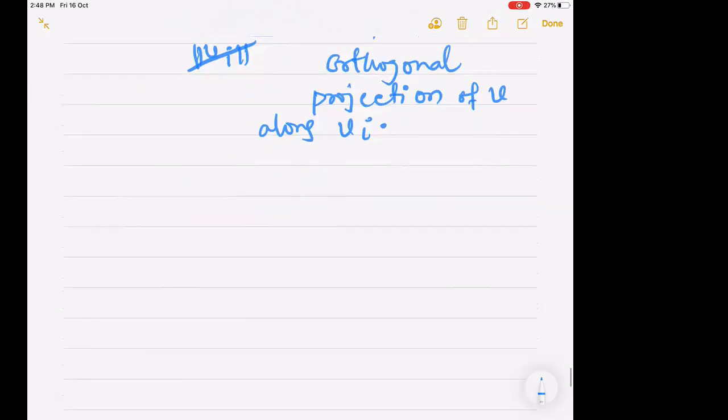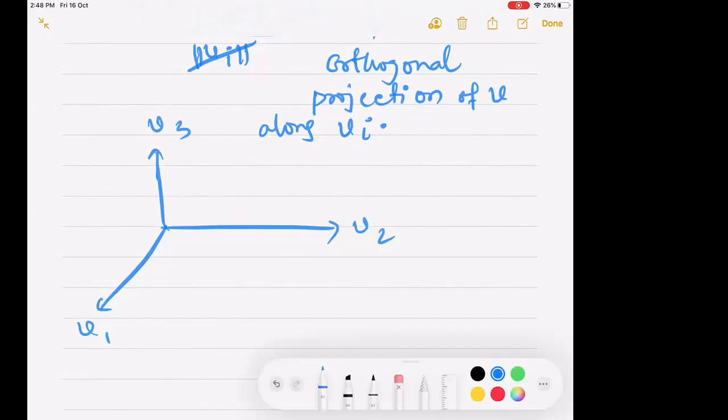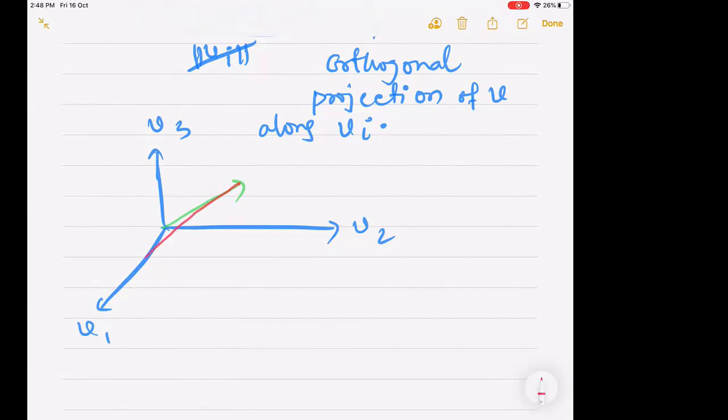Pictorially, it would mean, suppose this is V1, V2, V3, and this is V. Look at this projection, look at this projection, and look at this projection.